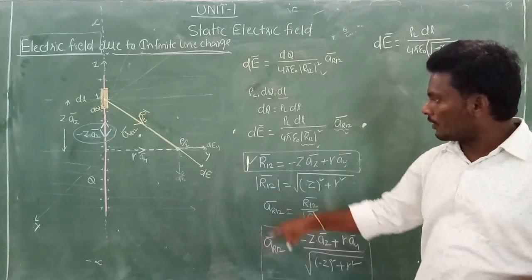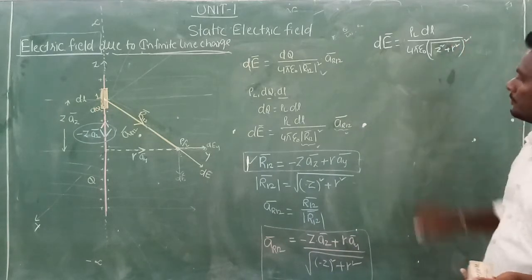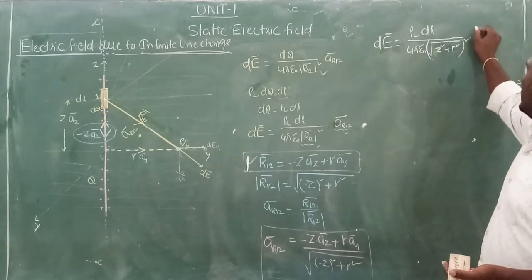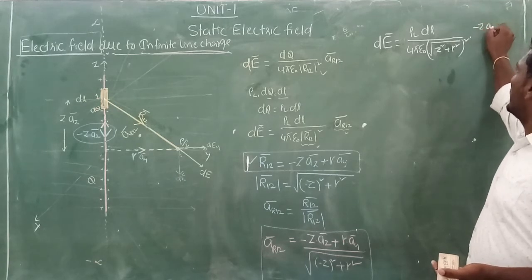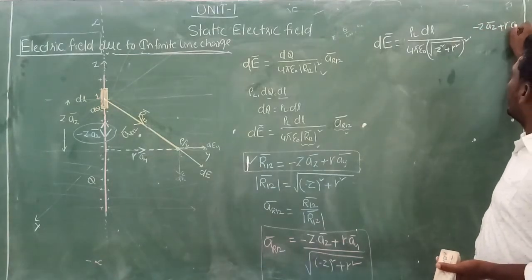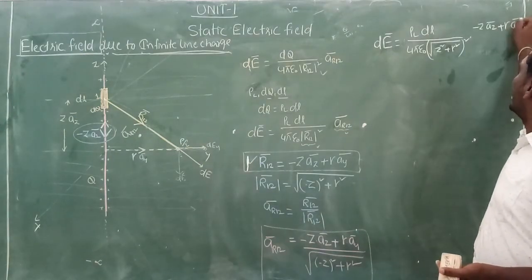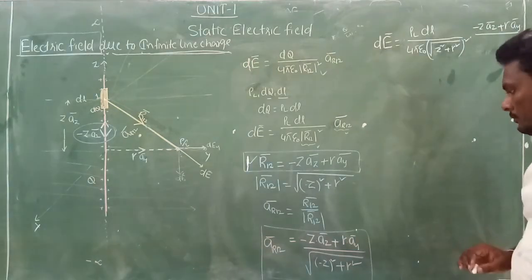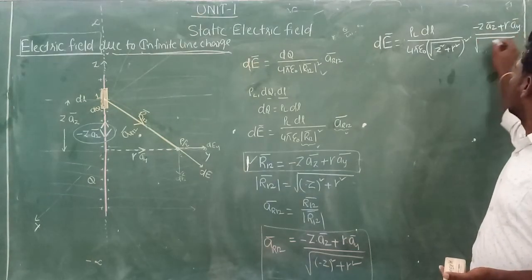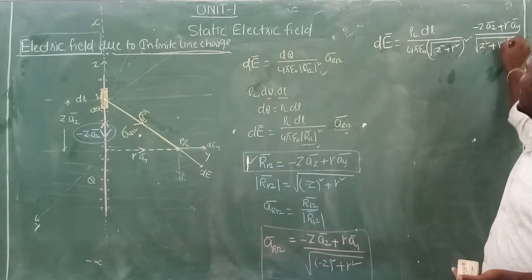But in the formula we have the square, into a r12, which is minus z into az bar plus r into ay bar, by the square root of z square plus r square.